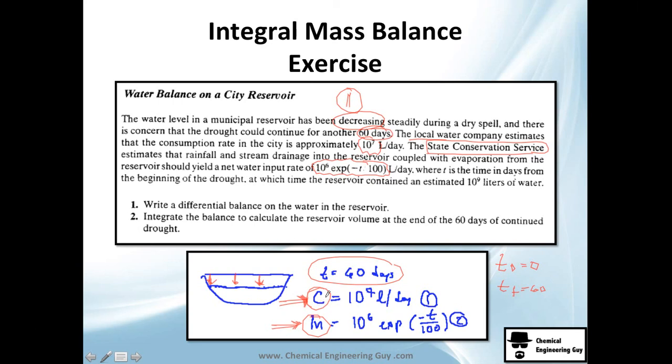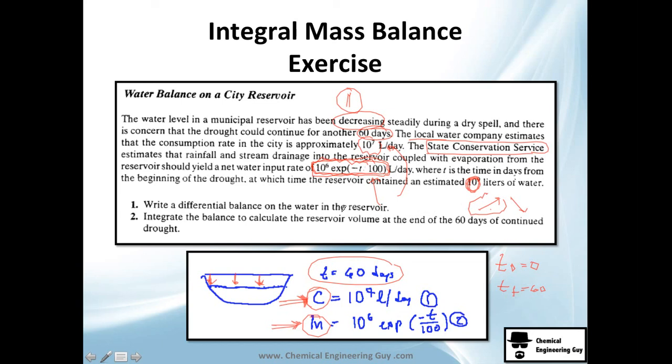But okay, let's take it. Now, they are asking how much time we need to get to this number if the rain is like this and your consumption is here. One thing here, guys, is that we don't actually know if we are going to increase or decrease because you need to use this equation. But let's be optimistic and suppose that the inlet is going up faster than the consumption here.